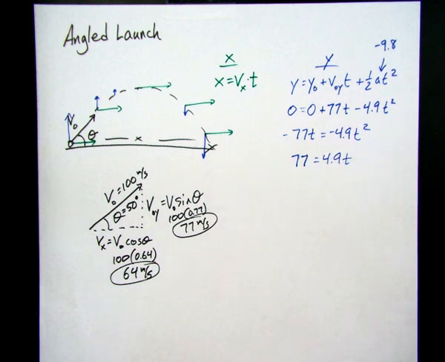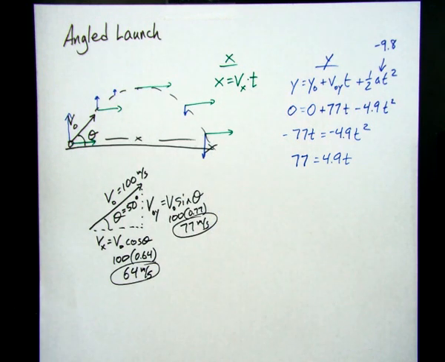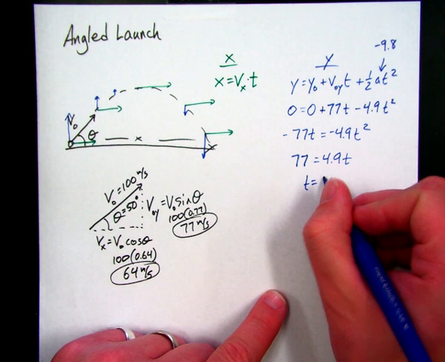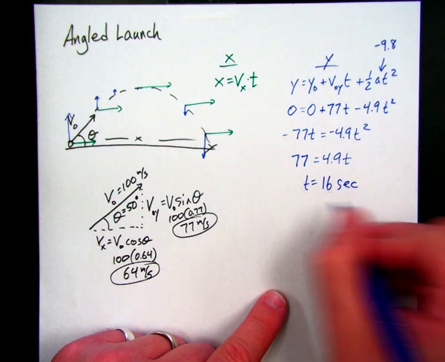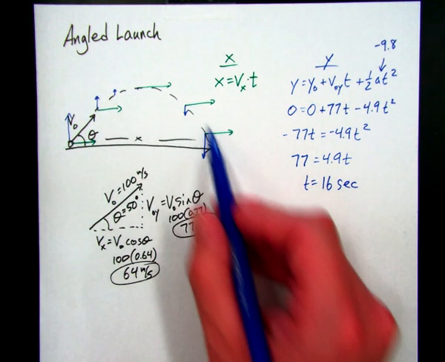So how long does it take for it to leave the ground, accelerate, and come back to the ground? 77 divided by 4.9, that's 15.7. So it's about 16 seconds, if I stick with sig figs. So after launching this thing, 16 seconds later, it lands here.